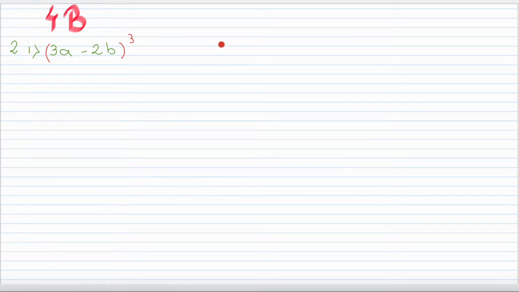What formula we are having? (a minus b) whole cube is equal to a cube minus b cube minus 3ab, and in bracket you have to write (a minus b). So this is the formula which we have to use.